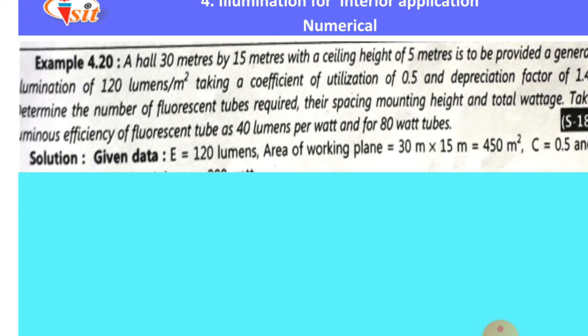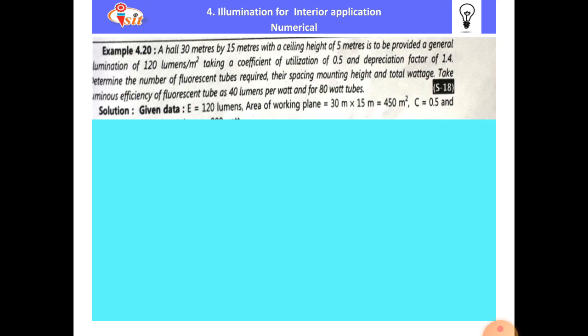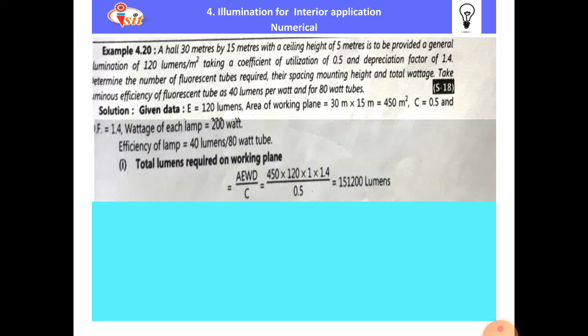Same configuration for a different area of hall. The given data is: illumination required on the working plane, area, coefficient of utilization, and depreciation factor.